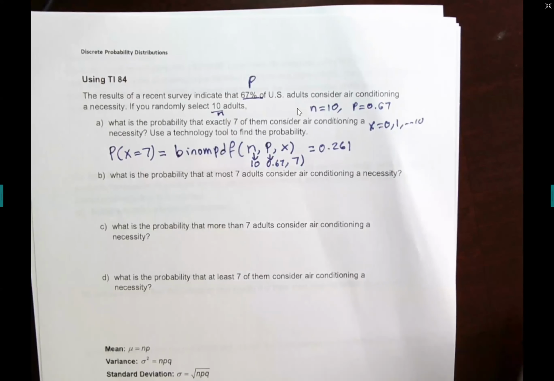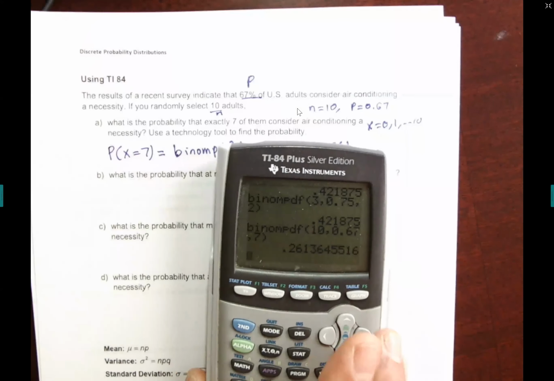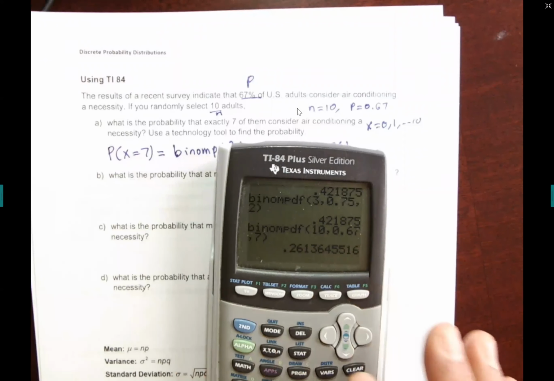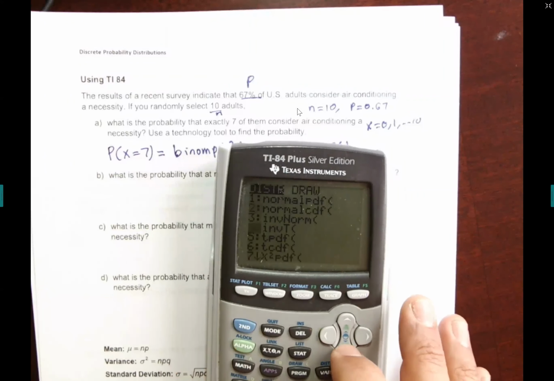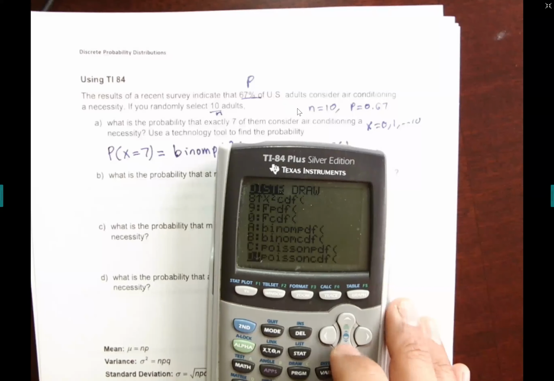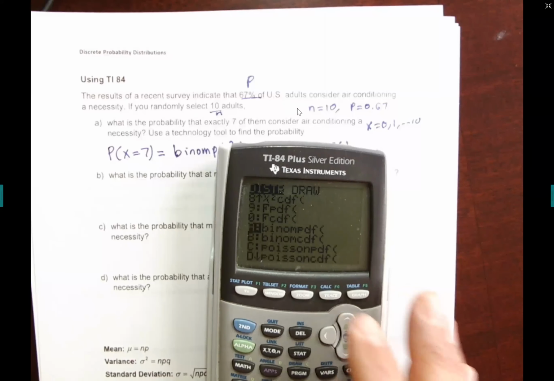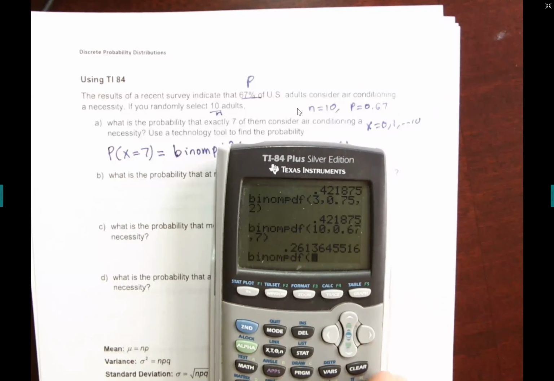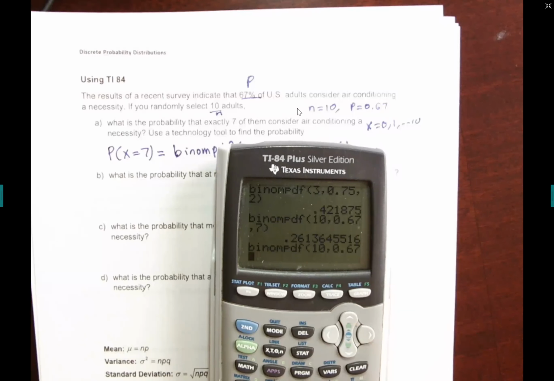Second, distribute, and then you put 10, comma, 0.67. 0.67 never changes, guys. It has to be there, comma, 0.